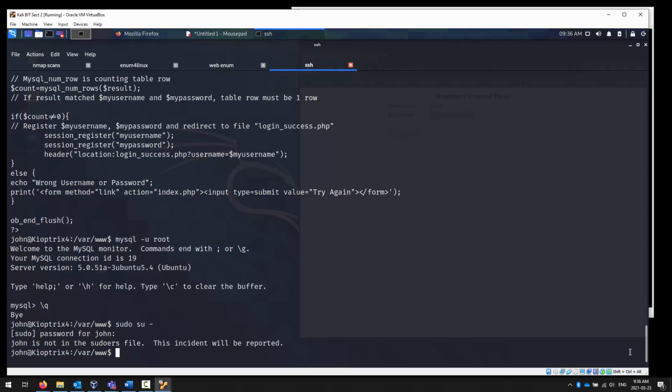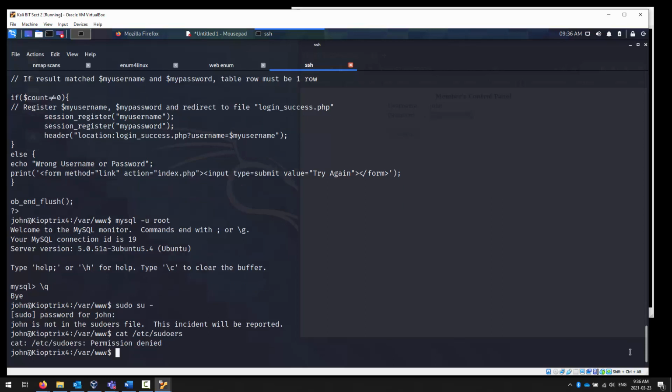Unfortunately, we can't see the sudoers file. If I take a look at the sudoers file, it says no, you do not have permissions to look at it, which is kind of to be expected, because if I can see what's going on in there, I can mess around and try and get access to the system. Knowing that sometimes there are groups, I'm going to take a look at the group file.